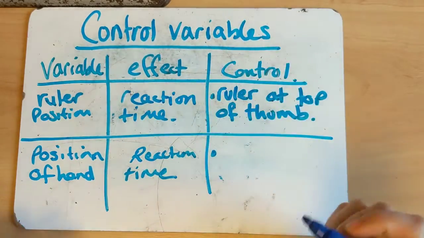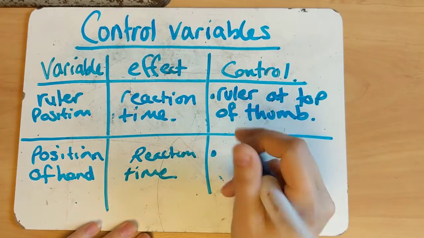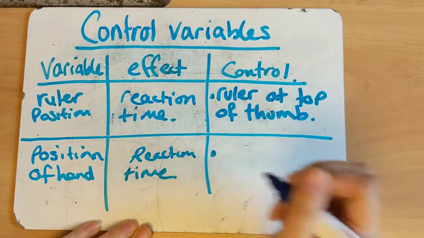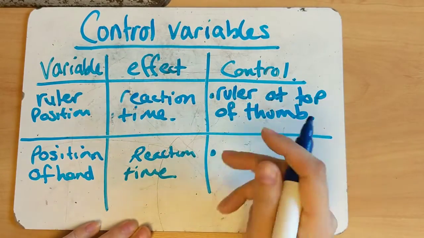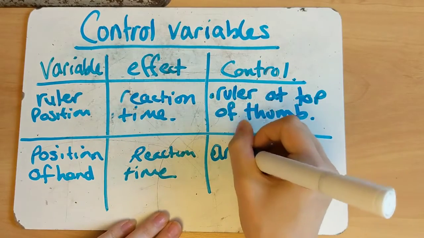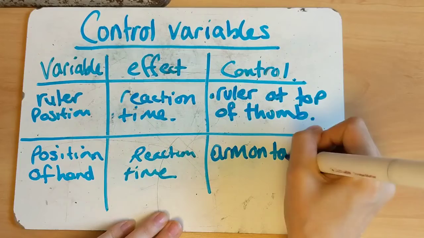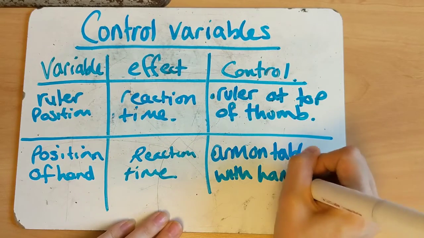So you can get these from the other video that I put up, which I can put in the comments, and you can re-watch that one as well. Is position of hand, reaction time. Your hand had to be on the table, so arm on table with hand over edge.